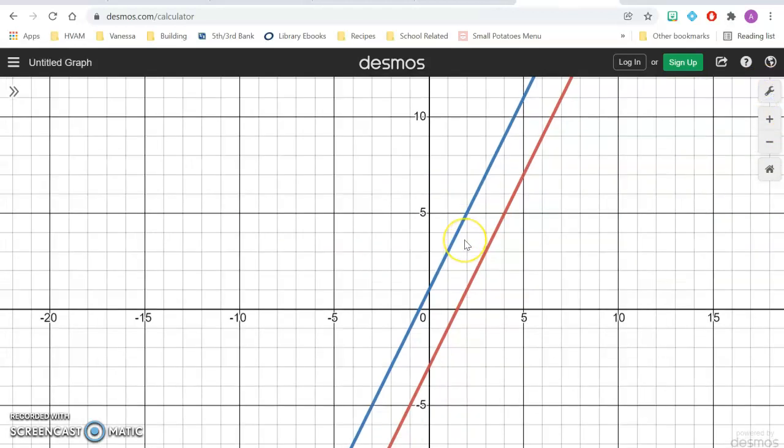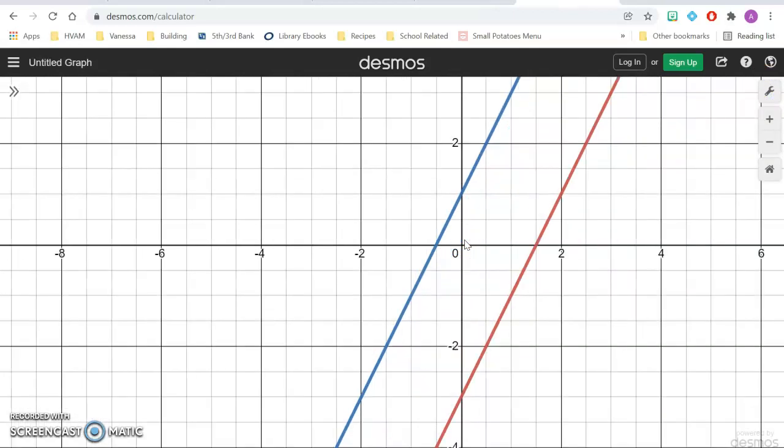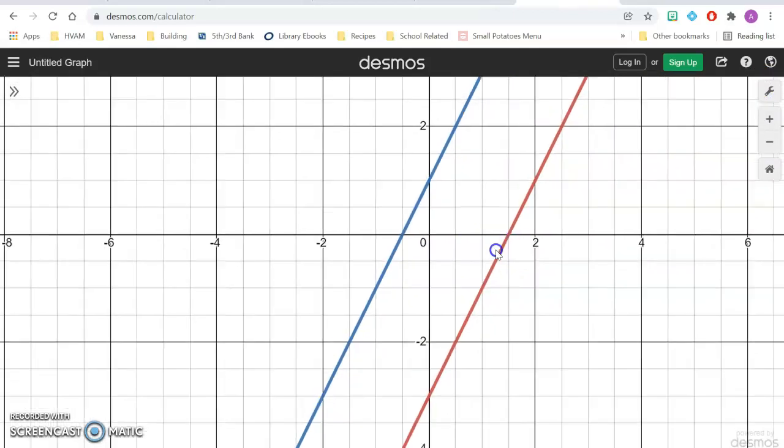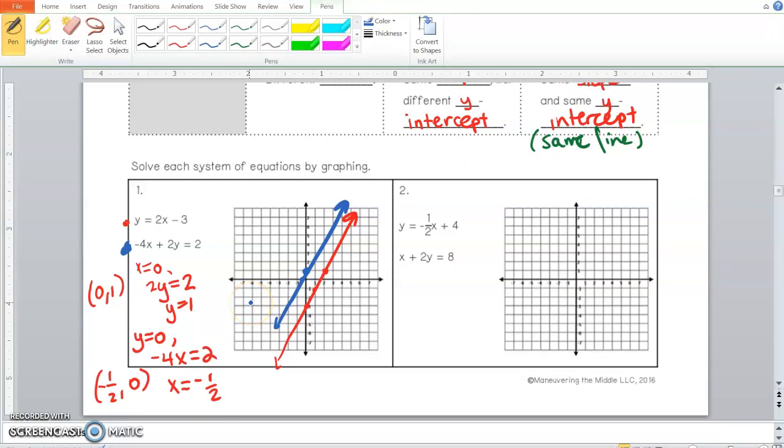It's just going to do it for you. And no matter how far I zoom in or out, it does not appear that these lines are ever going to intersect each other. So I'm going to go ahead and say the solution for this system of equations, there is no solution. So I'm just going to write no solution.